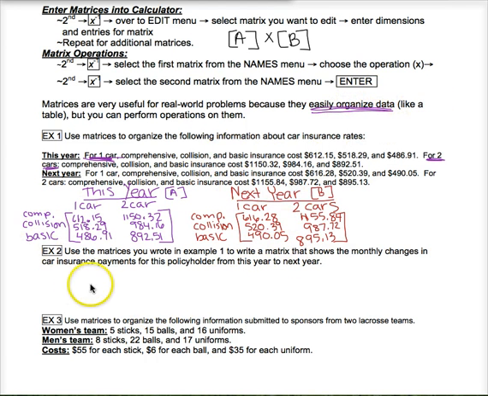Okay, so we have organized all of our information into a lovely matrix for this year and a lovely matrix representing next year. Example 2 says use the matrices you wrote in example 1 to write a matrix that shows the monthly changes in car insurance payments for this policyholder from this year to next year. So we're looking at each of the categories and we want to show monthly changes. If you want to know changes from this year to next year, that's going to be the difference.